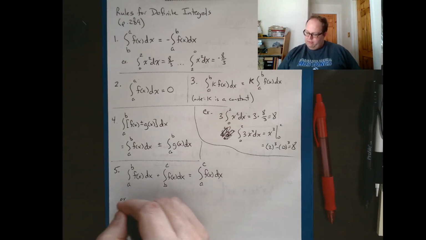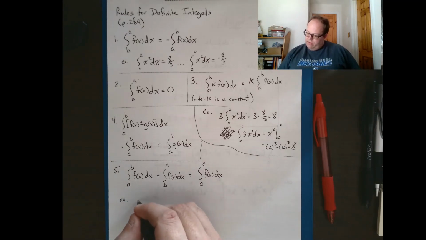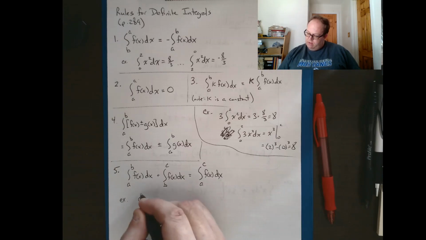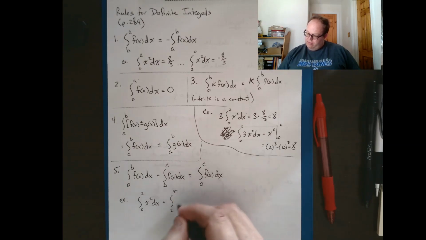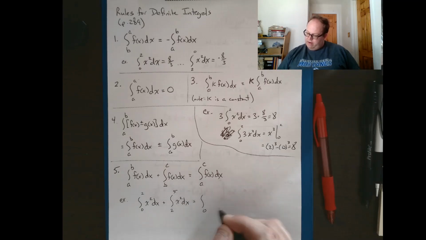So for example, I know the area between 0 and 2. Let's say I also want the area between 2 and 5. That should end up being the same as the area between 0 and 5 of x squared dx.